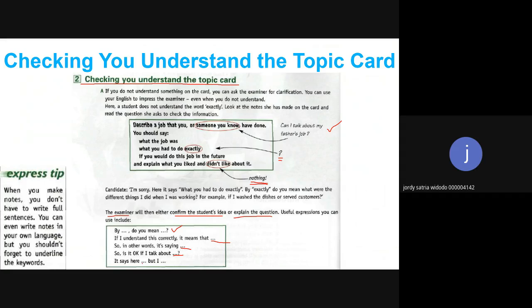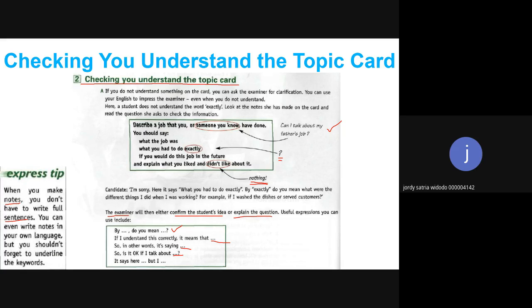Okay, and then the tips for when you make notes. Later, you are taught to make notes. You don't have to write full sentences, even subject-verb agreement need not be fulfilled, and also the analysis of syntactical sentence and so on.